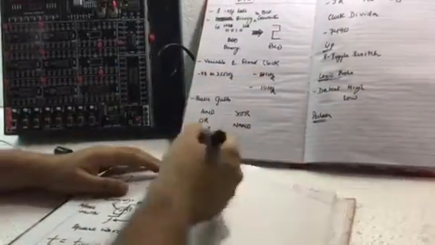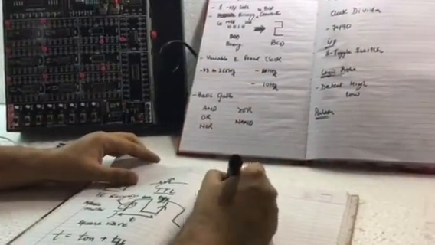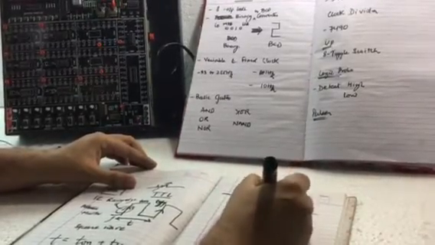So if I say that I have a 1 Hz signal, it means that on a CRO it will come like this.